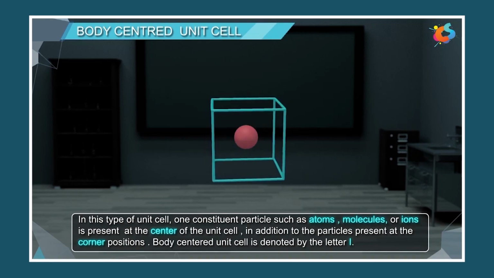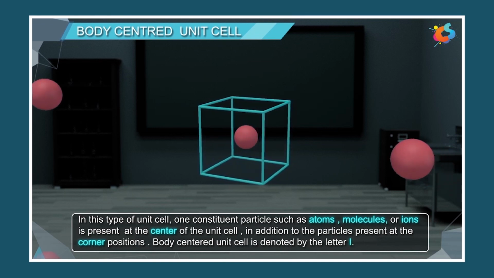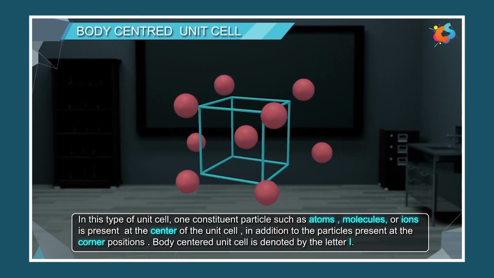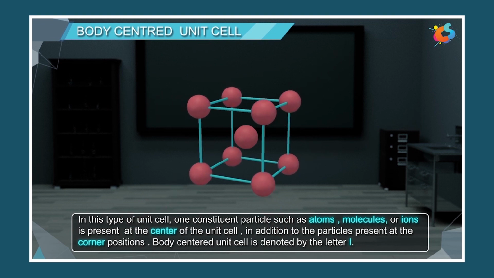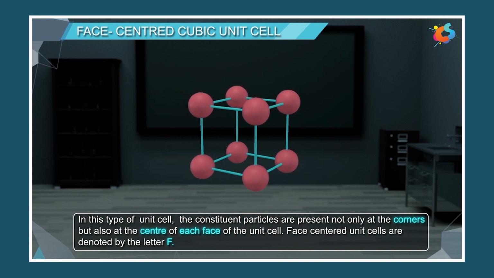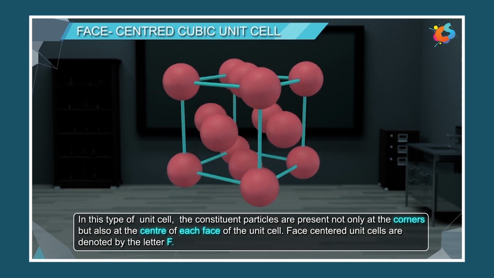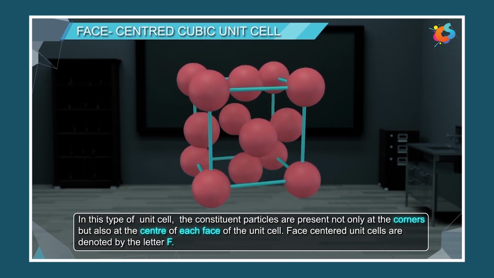Coming to the 3 types of centered unit cells. First, the body centered unit cell. When a constituent particle is present at the center of the unit cell in addition to the particles present at the corner positions, it is known as a body centered unit cell. It is denoted by the letter I. Face centered unit cell: when the constituent particles are present at the center of each face in addition to the particles present at the corner positions, it is known as a face centered unit cell.